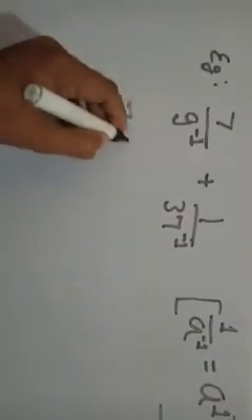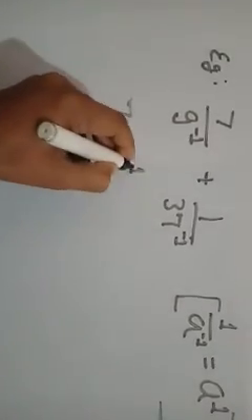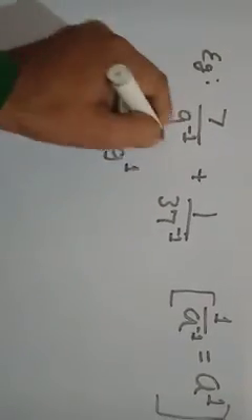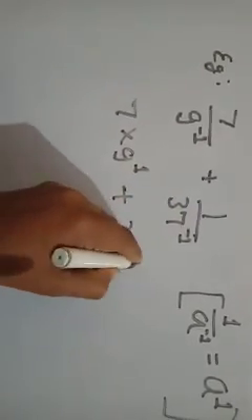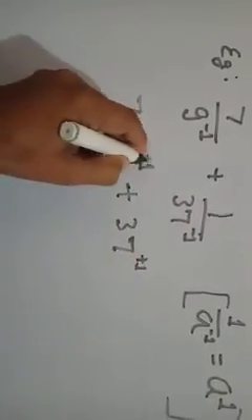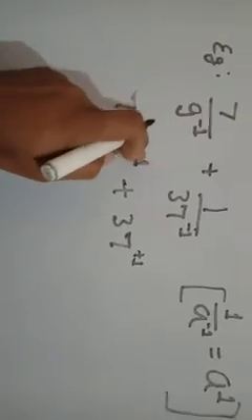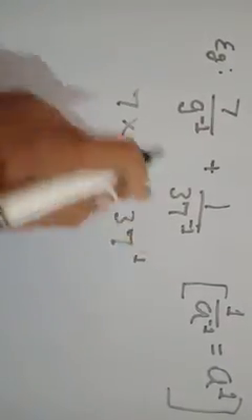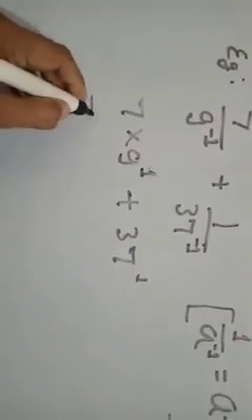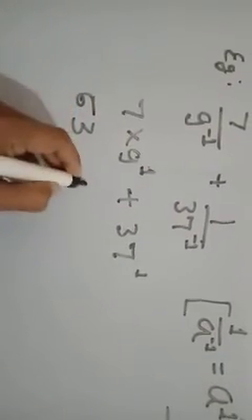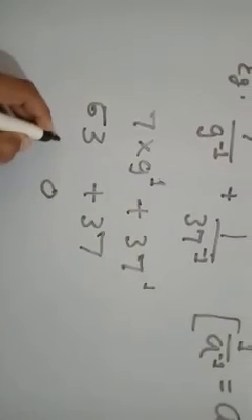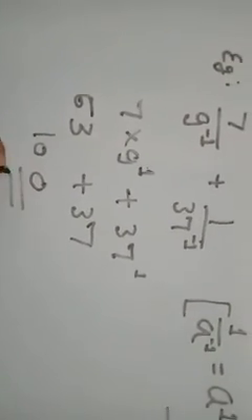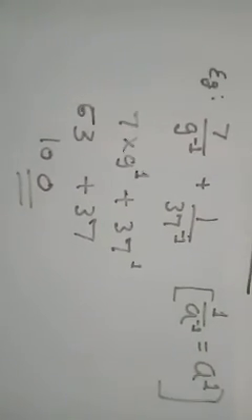So 7 into 9 raised to the power 1, the reciprocal of this one, plus here is also the reciprocal of this one, plus 1. 7 times 9 is 63 plus 37, that is 100. The final answer is 100.